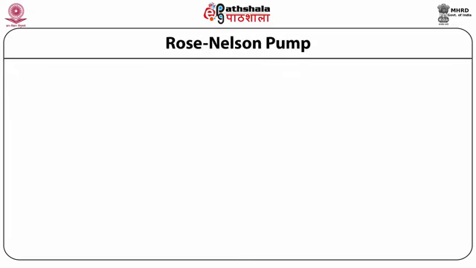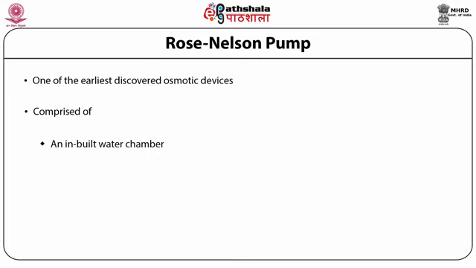Let's first come to the Rose-Nielsen pump. In brief, this is the earliest discovered device. It contains an inbuilt water chamber that serves as the aqueous medium for dissolving the osmogen and creating the osmotic pressure, then a salt chamber, which is basically the osmogen, and then a drug reservoir containing the drug, whether in dissolved or dispersed state.